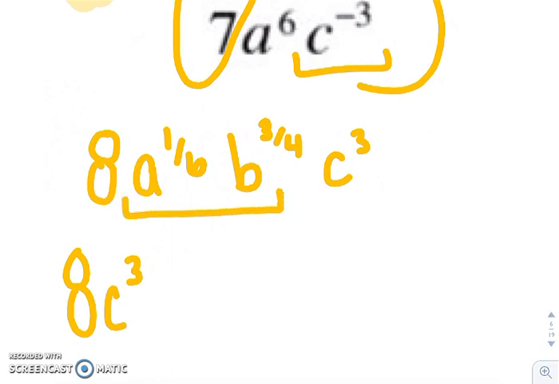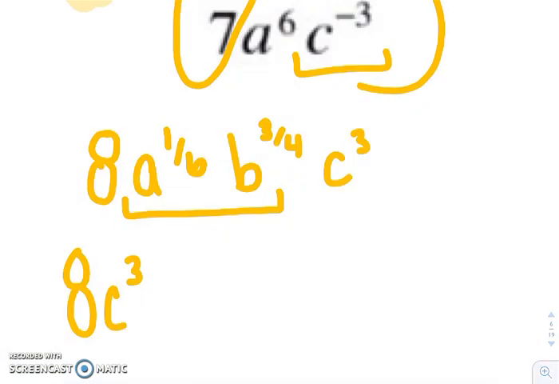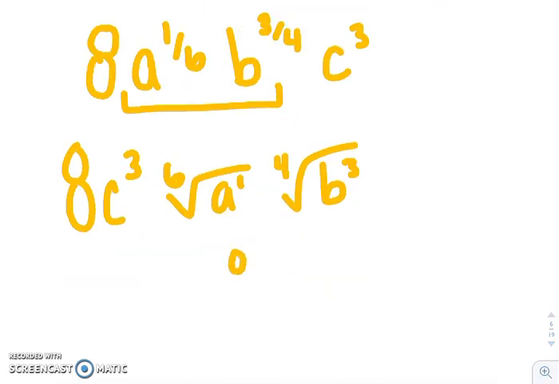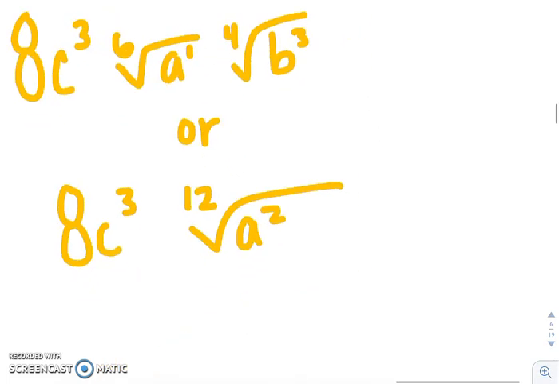And now technically, the proper way to do this would be to make these like denominators and put them under the same radical, but there's nothing wrong with having them in 2 separate radicals. So I would be okay if you guys wrote this as the 6th root of a to the 1st times the 4th root of b cubed. But if you did choose to make them both 12ths with a like denominator, it would be the 12th root of a squared, and 3/4 would be 9/12.